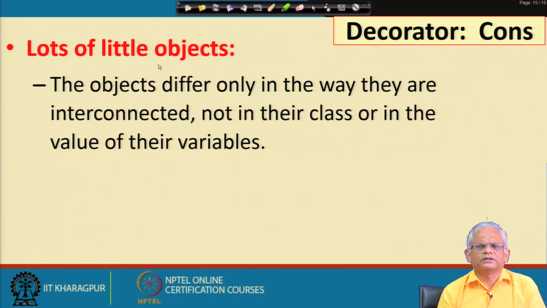As long as you add only a few decorators, these are well within the grasping power of a programmer. But if you add too many decorators, dozens of decorators to a basic object, these appear like little objects getting connected during runtime, which makes it very difficult to follow the behavior.